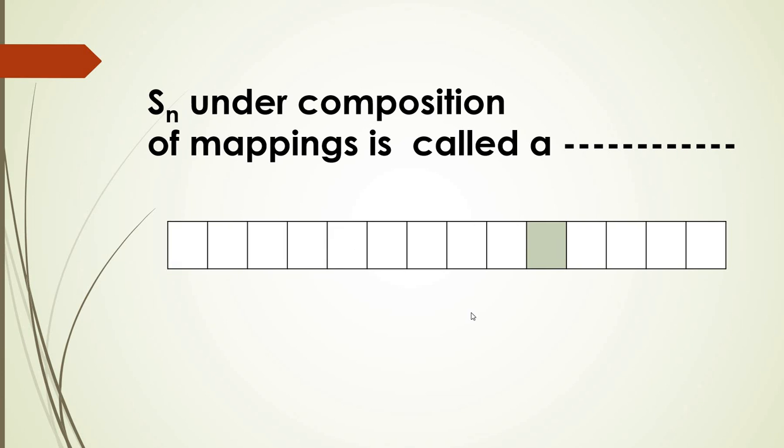Now S_n under composition of mapping is a group that you know, I suppose. What is the name of that group? Just recall.